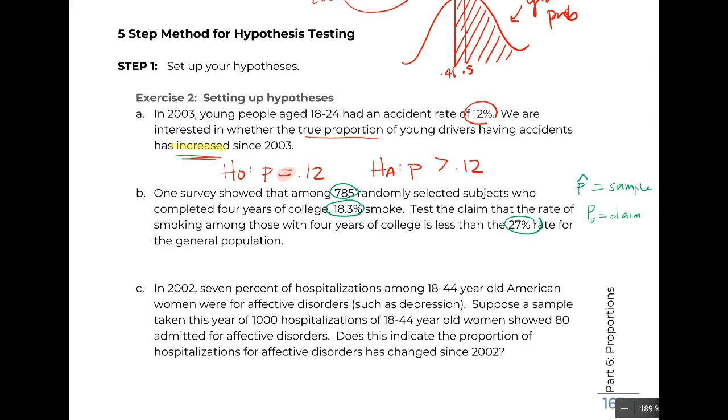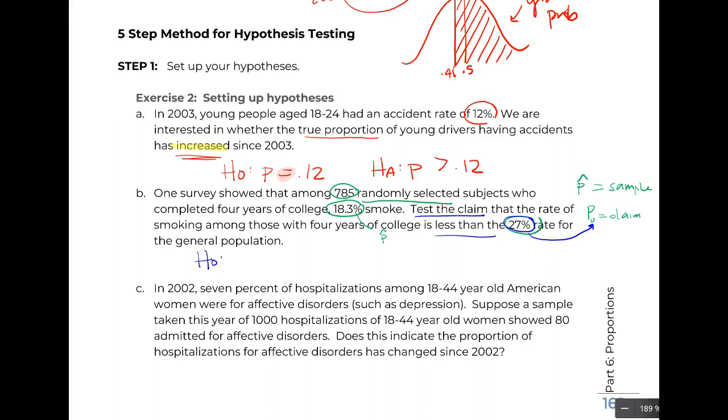So in this particular situation, the 18.3 is in the same sentence as my 785 randomly selected students. So this is a P hat. This goes nowhere near hypotheses. And in fact, in the next piece, it says test the claim that the rate is less than this particular rate. So this is our claimed rate that we want to test.